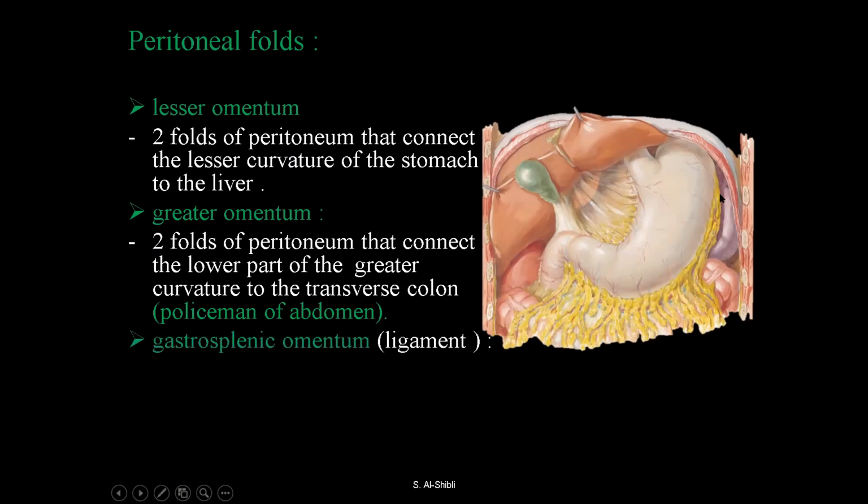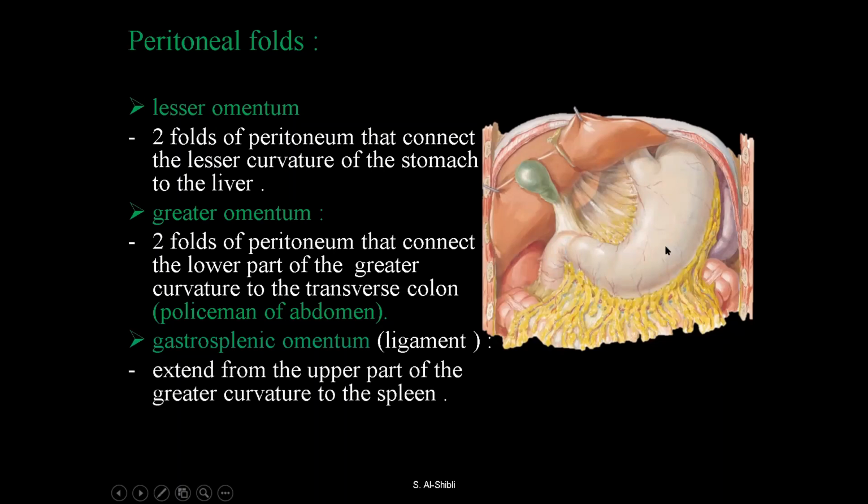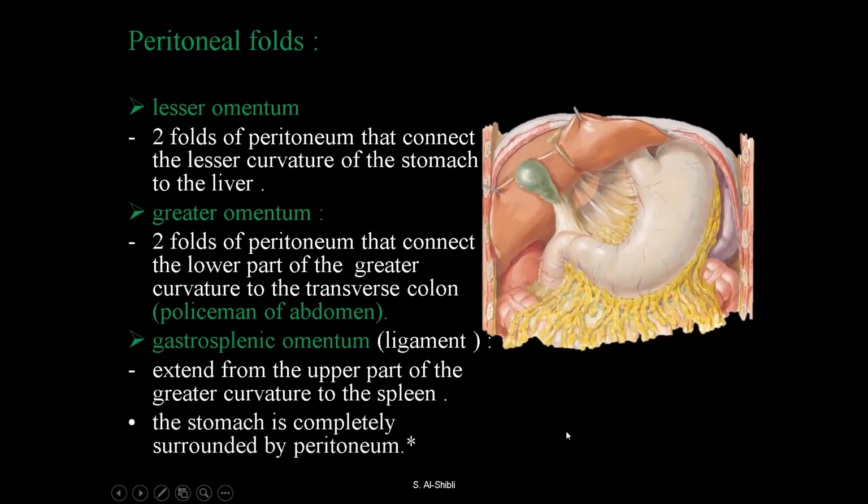We have another one between the stomach and the spleen. We call it the gastrosplenic omentum, extending from the upper part of the greater curvature to the spleen. And you know, the stomach is almost completely surrounded by peritoneum, so it is an intraperitoneal organ. You will find a lot about peritoneum in the slides that I will send you, okay?